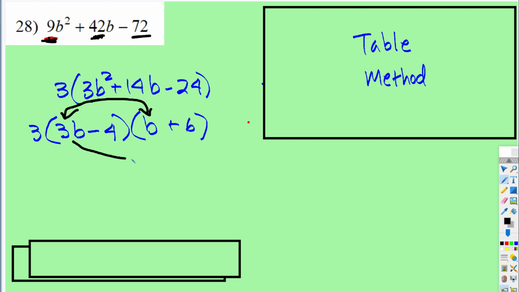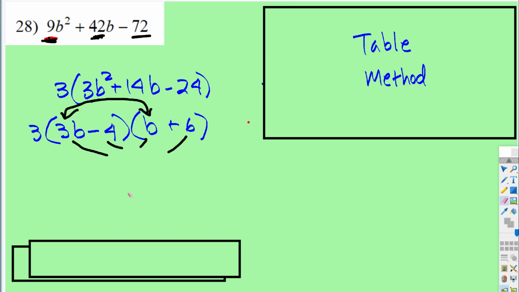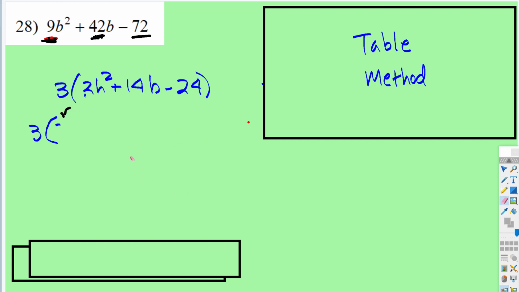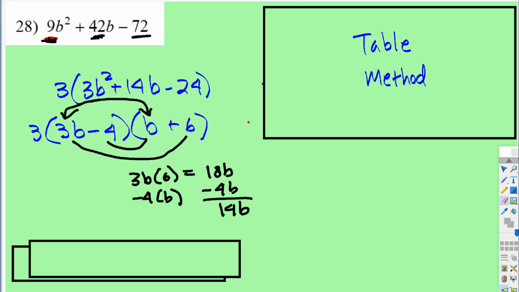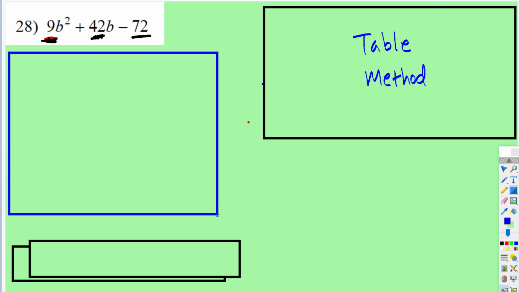It is this term times this term, so 3b times 6, which is 18b, and then this term times this term, so negative 4 times b, which is negative 4b. You add those two together and you get 14b. Some of you are going to be able to do this very easily, and some of you just might have a more difficult time doing that.